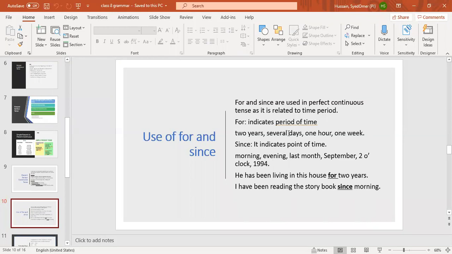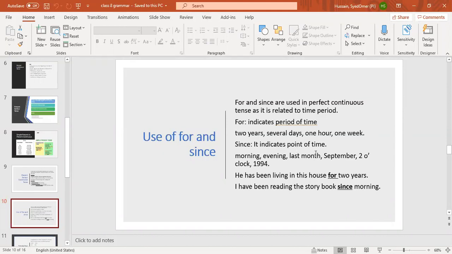It mentions a number: 2 years, 3 weeks, 1 month, several days, 1 hour, 40 hours. Wherever the number comes, we have to put for. He has been cooking for 1 hour. He has been cooking since morning. Different stuff. Since indicates a point of time, only a point of time.